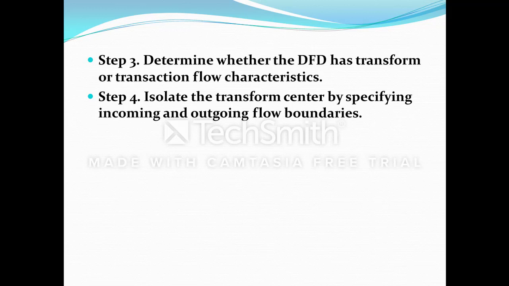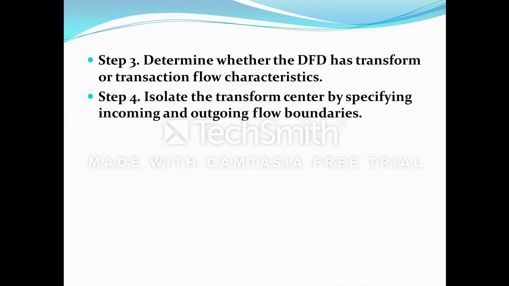There are two types of boundaries for data flows: incoming data flow and outgoing data flow. Incoming data flow transforms the external data into internal form. Outgoing data flow converts the internal data into external form. So in the fourth step we are identifying the boundaries of the flow of information.